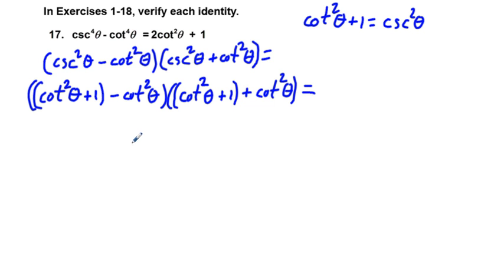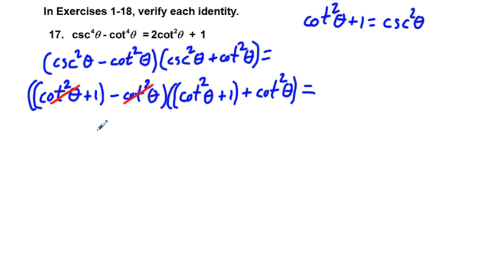And so, multiplying, just kind of adding everything together, on this left term here, we have cotangent squared theta plus 1 minus cotangent squared theta. Well, this cotangent squared theta minus cotangent squared theta, they're going to cancel each other to equal 0.